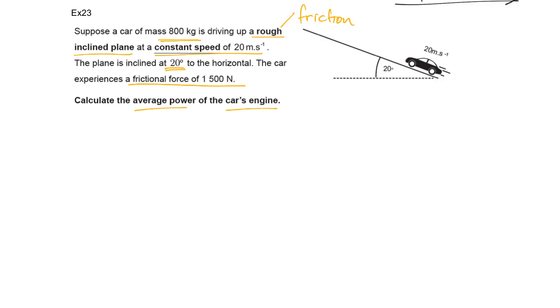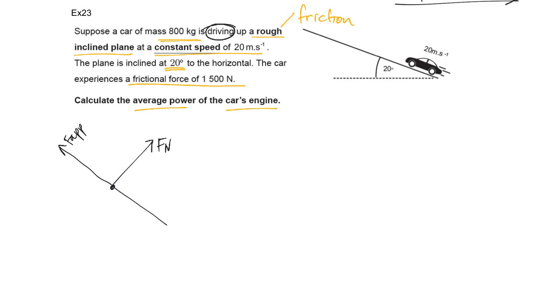When I'm looking at something like this, the first thing I need to look at is what my free body diagram looks like. So going up the incline here, I've got my normal force. I know that my car has an applied force because it tells me it is driving.